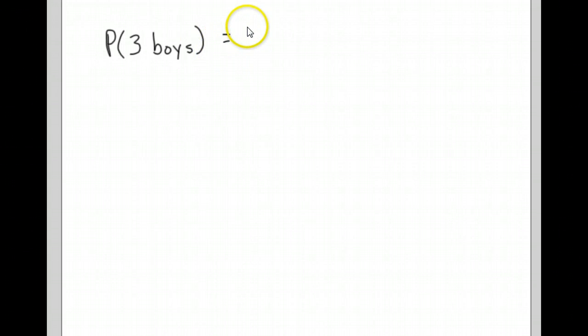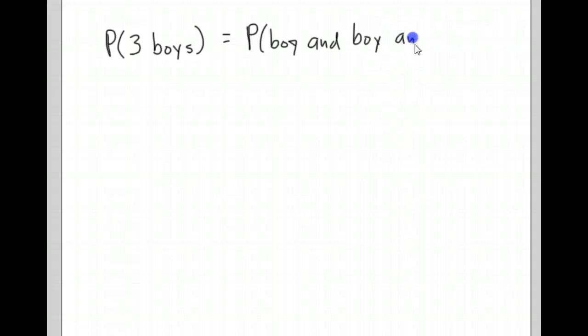So we get that this is the same thing as saying the probability of a boy and a boy and a boy. And you may be thinking, why is he writing it like that? Well, because with this AND rule, this multiplication rule, if I'm trying to find the probability of 2 events joined by AND, it's multiplication.